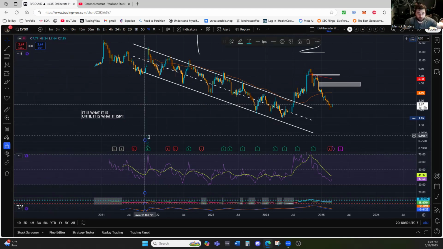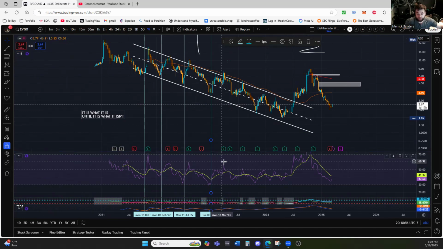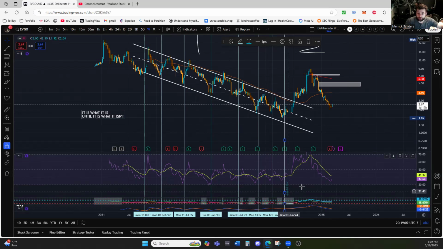All these vertical lines are going to mark the places where the RSI crossed after losing its own moving average, finding a low, and then crossing back over. At that moment of the crossover from below, what did price do?